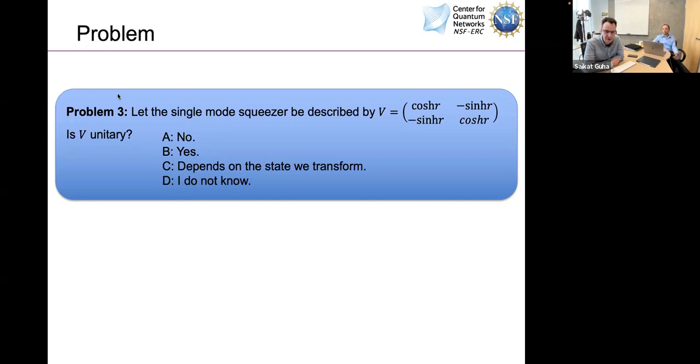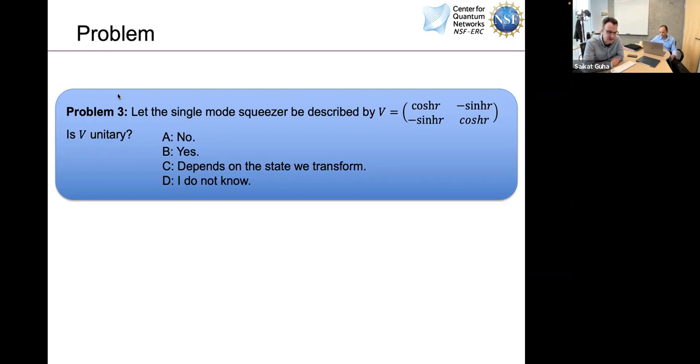Because these are hyperbolic cosine and sine. What you get here is that it preserves a different kind of matrix, not the identity matrix. It preserves the Minkowski metric, but we will not get into that. The bottom line is that V dagger multiplying V is equal to something I don't remember right now, I think 1 and minus 1 on the diagonal, something like that, which is not identity.